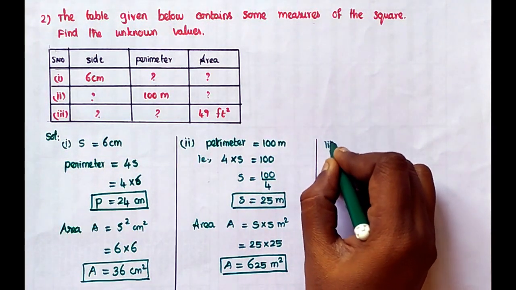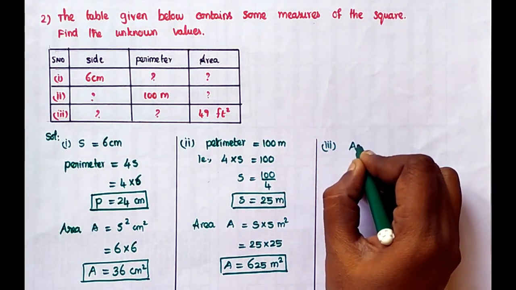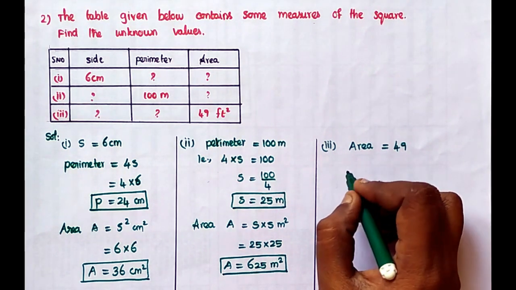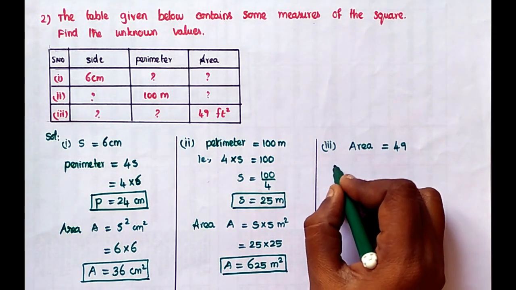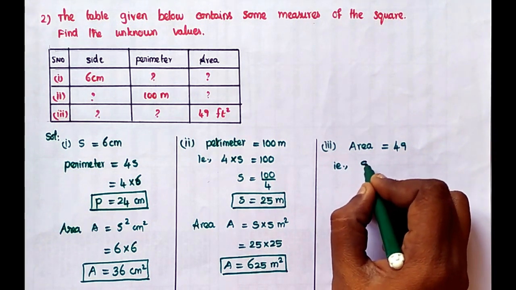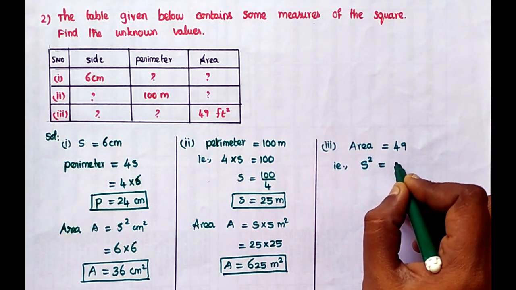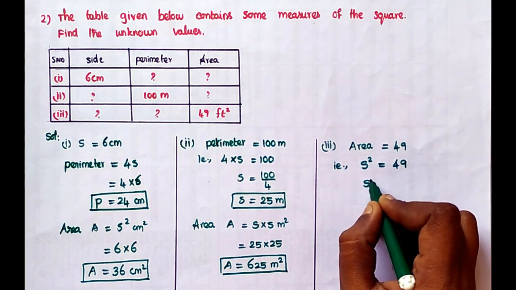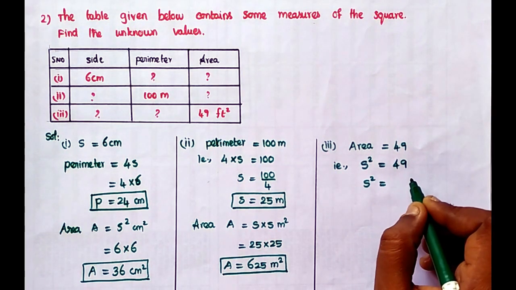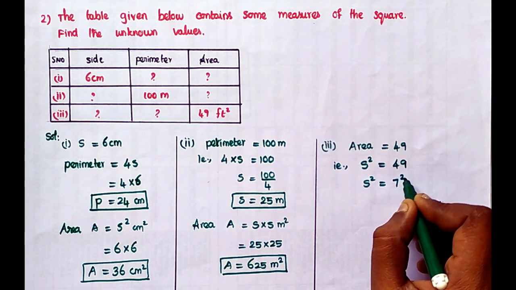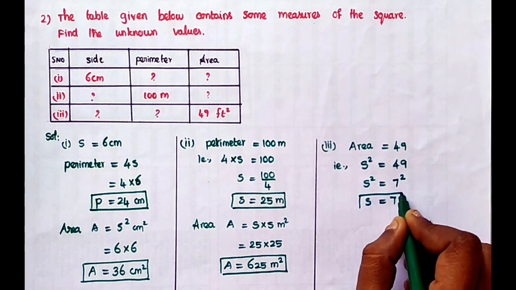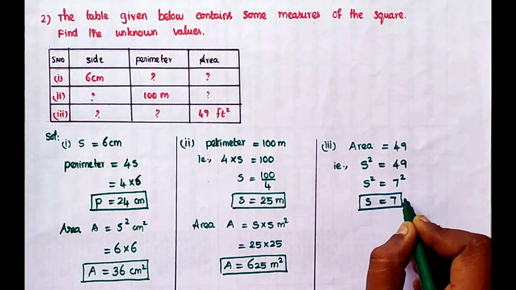Next, third one, they given area equal to 49. Listen, s square, that means area formula equal to 49. S square equal to 49 is 7 into 7, that is 7 square. So s equal to 7, side equal to 7 feet.